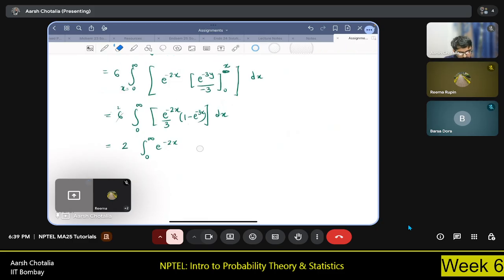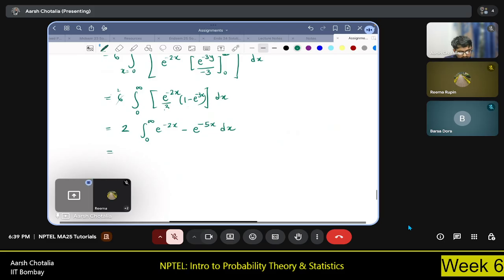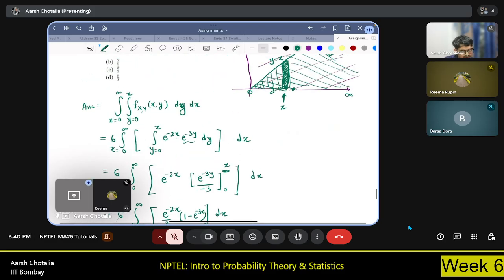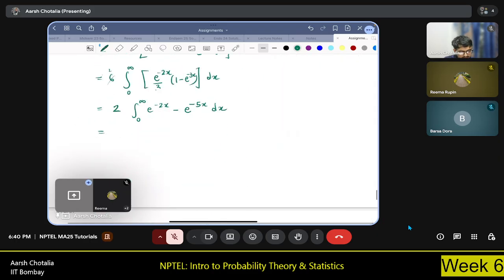Okay. So again 3 gets cancelled. So that leaves 2 outside. But here I would have e raised to minus 2x minus e raised to minus 5x dx. Now I can use 0 to infinity because x goes from 0 to infinity. It's just that the value of y goes from 0 to x.